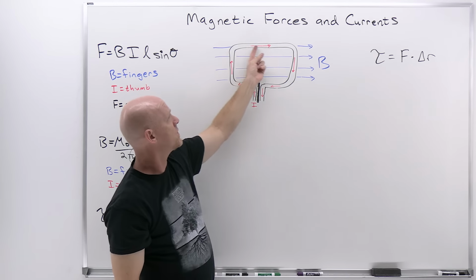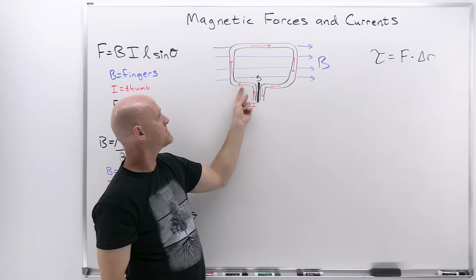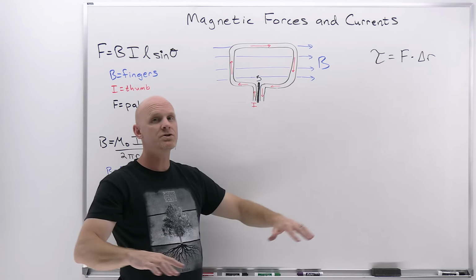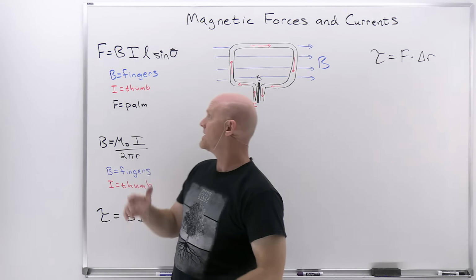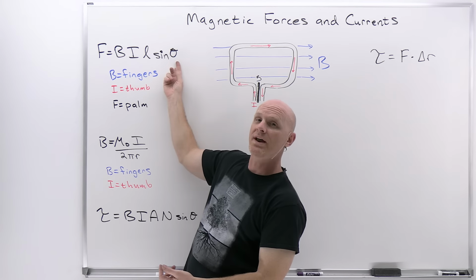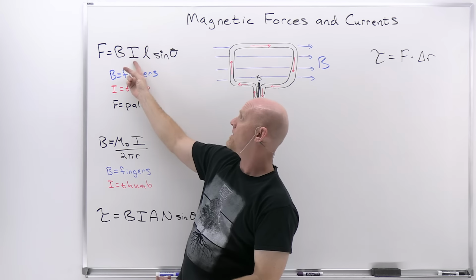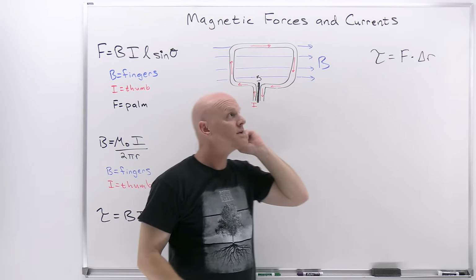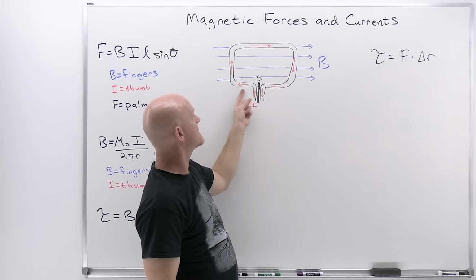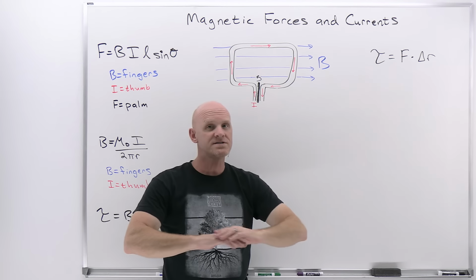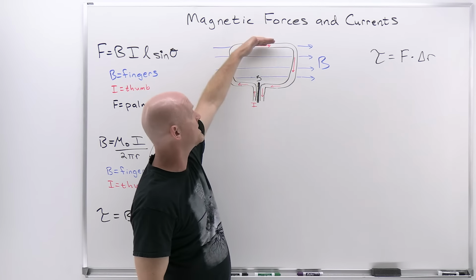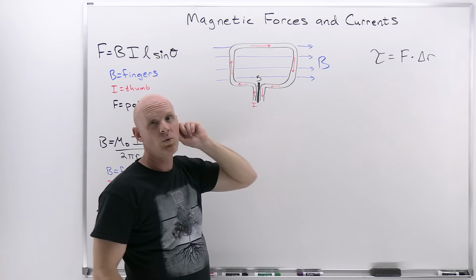We're going to find out that this horizontal portion right here, that is parallel in this case to the magnetic field and anti-parallel in this case, makes no contribution because there's no force. Keep in mind that if theta is either 0 or 180, if the current and the magnetic field are either parallel, like they are in this part, or anti-parallel, like they are in this part, the force is 0. So no contribution to the torque here or here whatsoever.